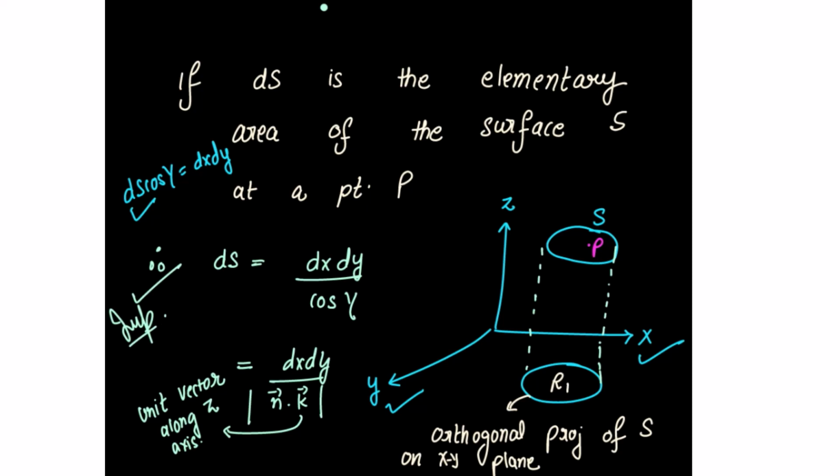So let's start with the proof. Let's choose the rectangular Cartesian coordinate system. This is your x-axis, this is your y-axis, and this is your z-axis.